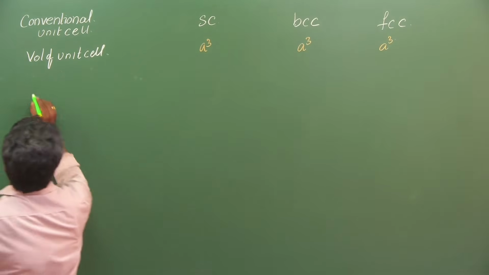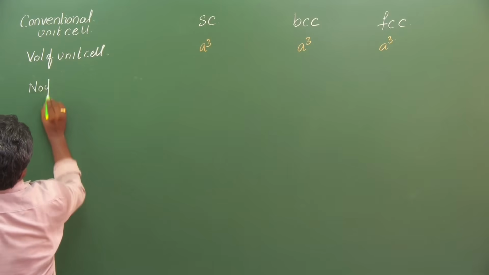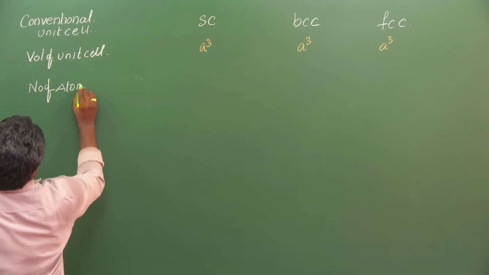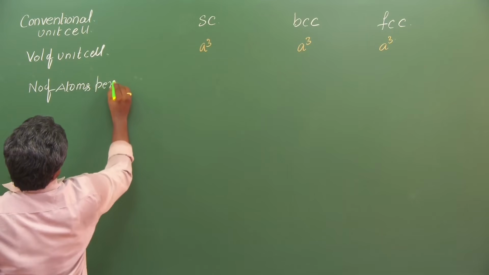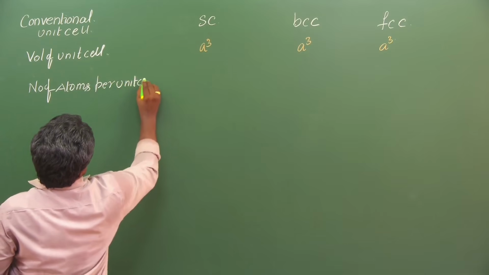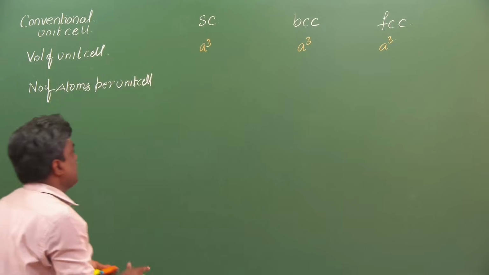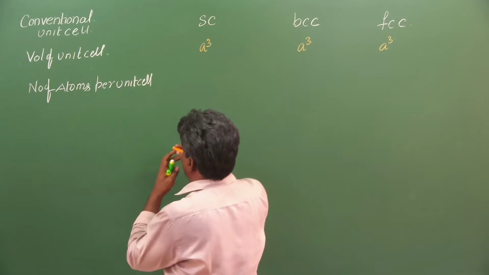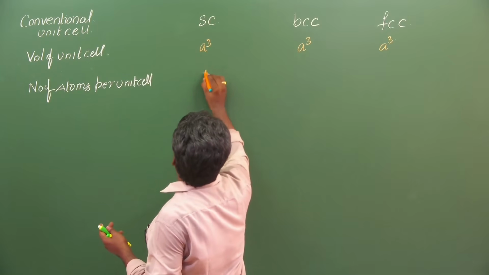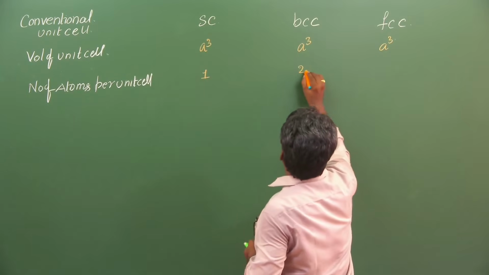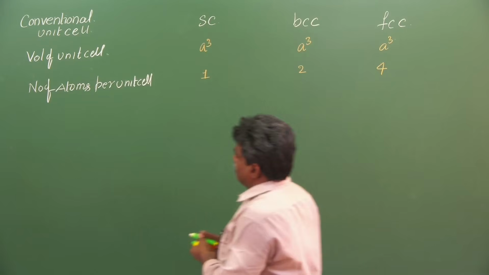Next one, number of lattice points or number of atoms per unit cell. Simple cubic, BCC, FCC.